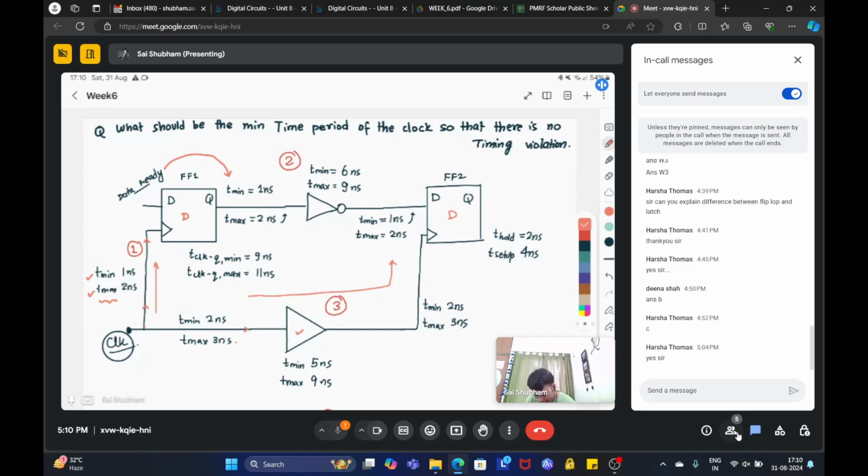The problem can be that suppose the clock to this D flip-flop reached earlier as compared to this. Now the data processing happened, and then this clock arrived. So in that case, there is some delay, right? I hope this is clear.